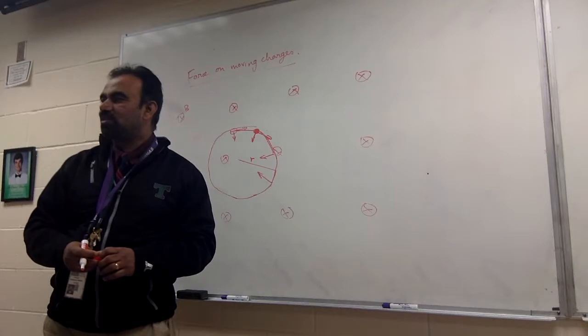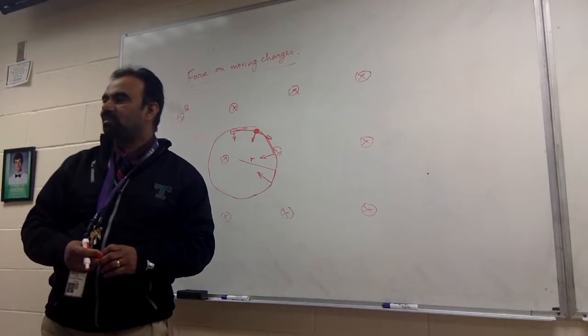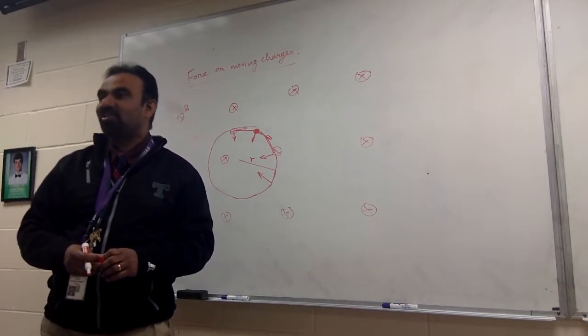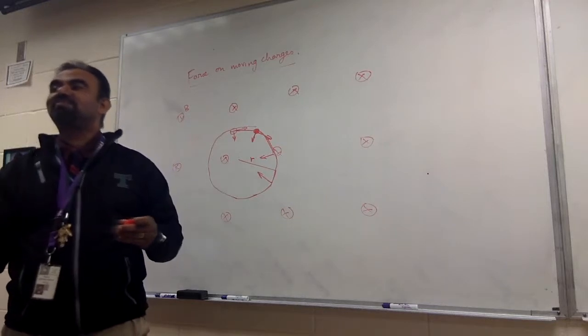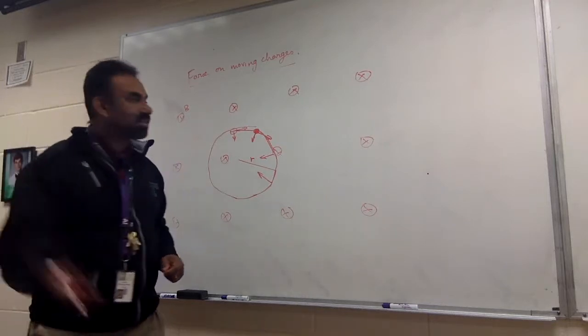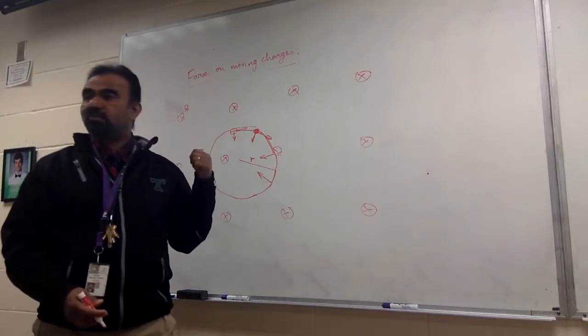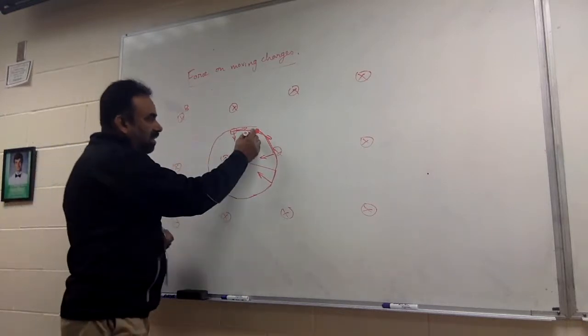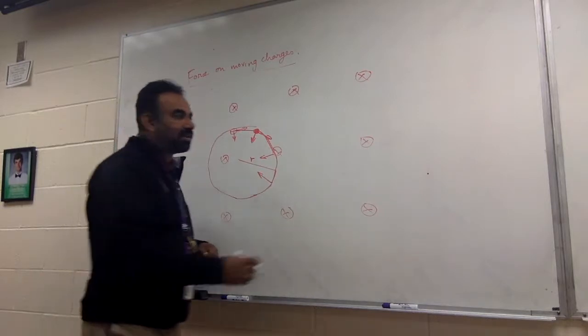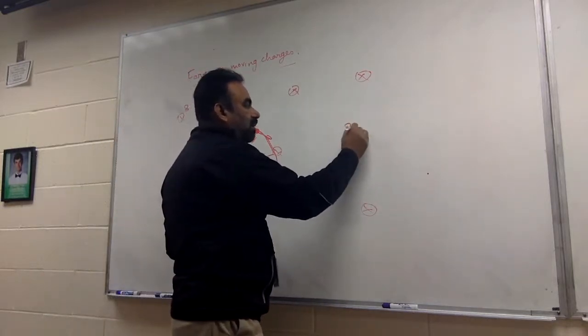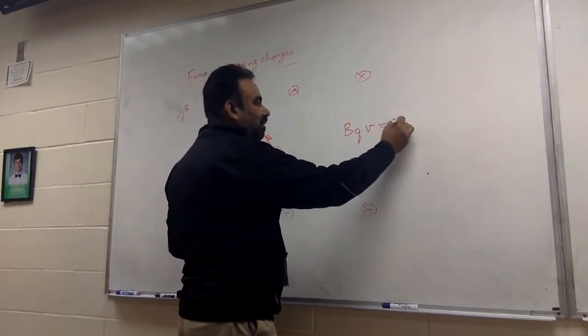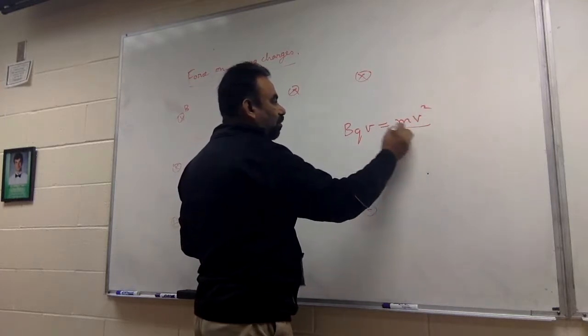Remember from last year, what is the centripetal force formula? v squared over r. That is the acceleration. So what's the force? m v squared over r. That's the formula. So the centripetal force is provided by the magnetic force. And this magnetic force is BQV. So BQV is equal to m v squared over r.